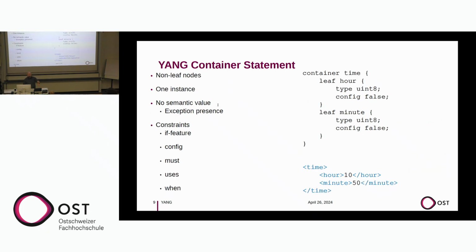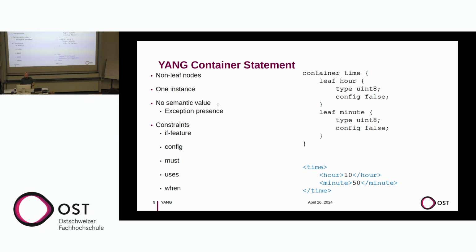Container, we have already seen. Normally a model starts with a container, so that's our entry point, but we can also have multiple containers inside. It's kind of a thing to organize, to group something. So in the XML, this would give us these extra tags to put data inside of this container.